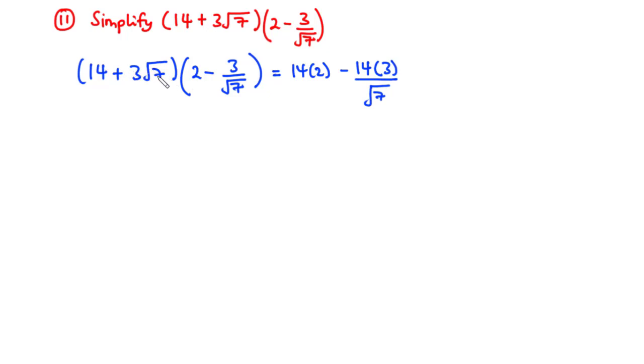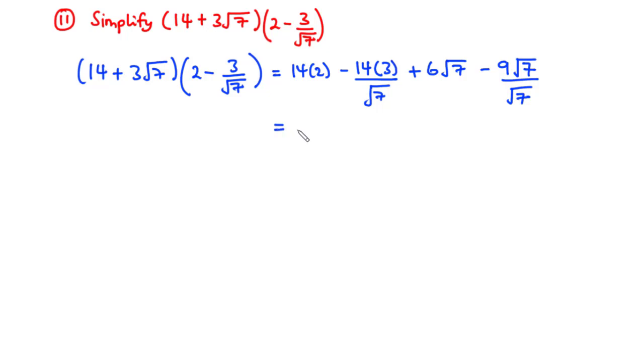We have 3 root 7 times 2. So 3 times 2 is 6 root 7. And then we have 3 root 7 times negative 3 over root 7. So 3 times 3 is 9.